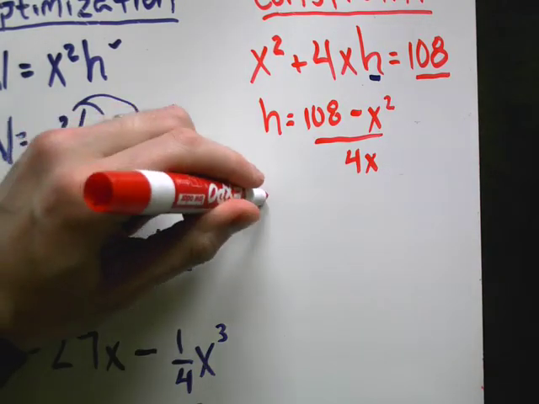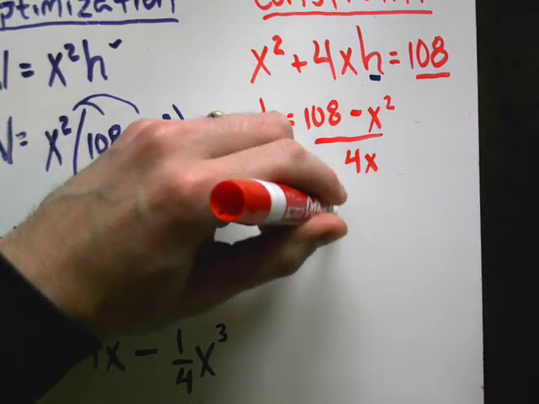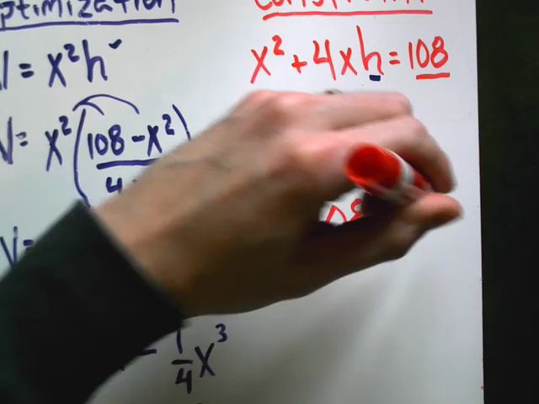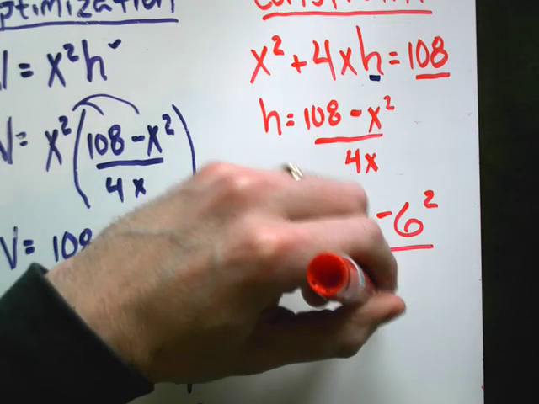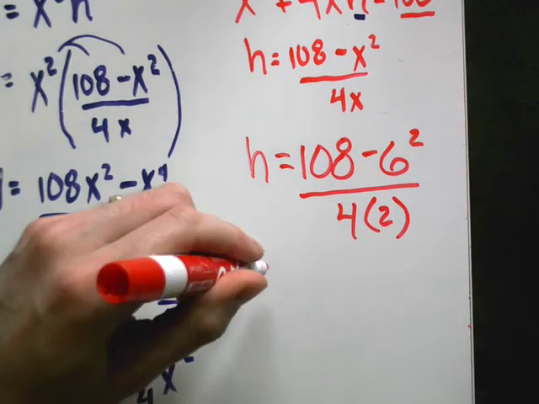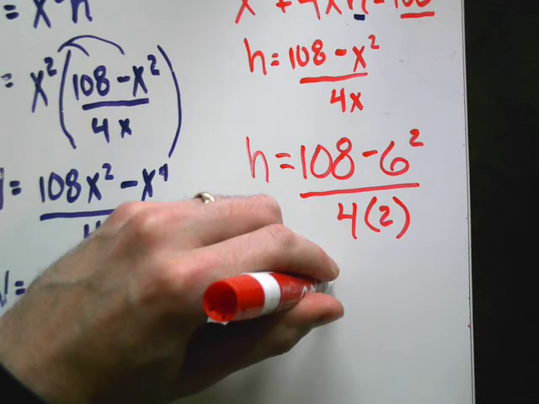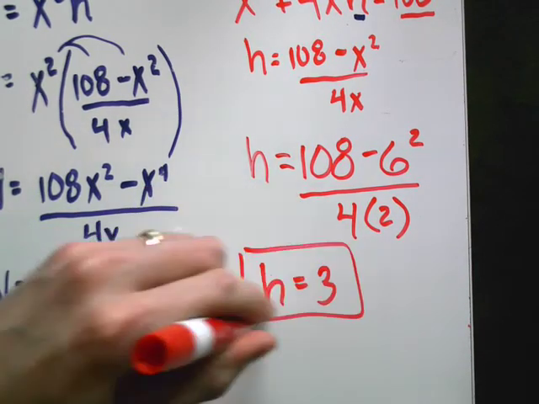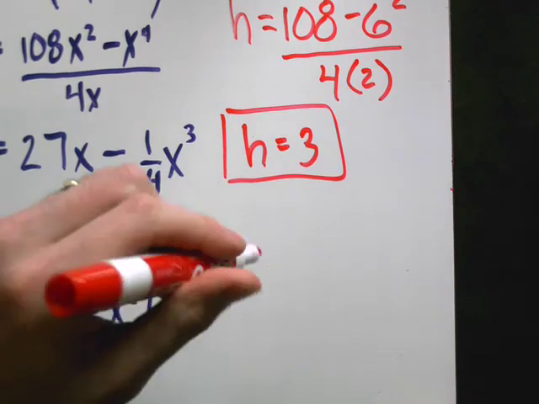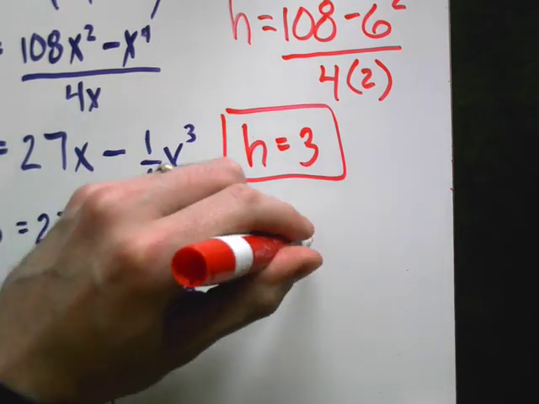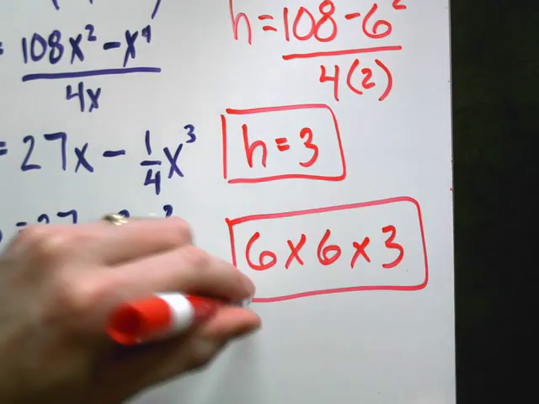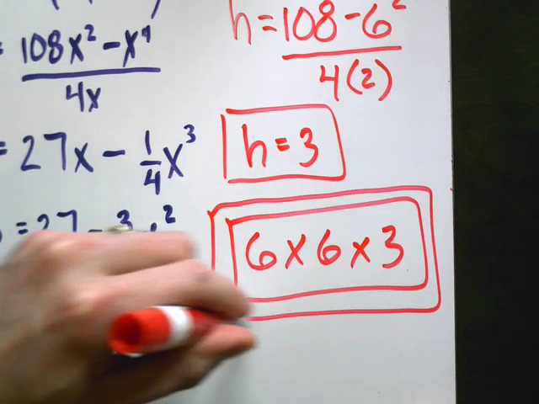So h equals 108 minus 6 squared all over 4 times 6. When you work that out in your calculator, you get h equals 3. So the final dimensions of this box, to get optimal volume, would be 6 by 6 by 3. So this would be your final answer.